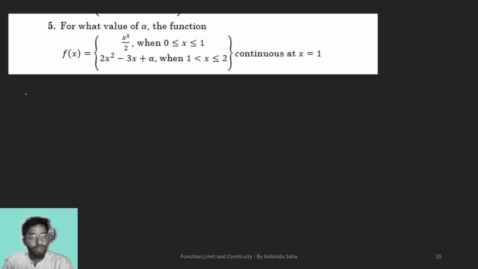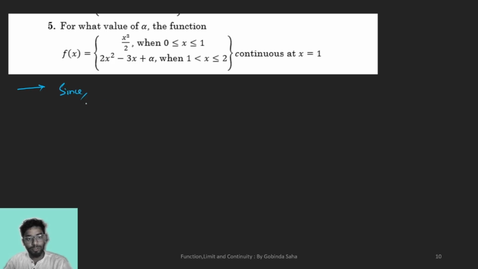Next. In question number 5, we have to find the value of alpha. Similar question, when our f(x) is continuous at x equals 1. So see, f(x) is continuous at x equals 1.